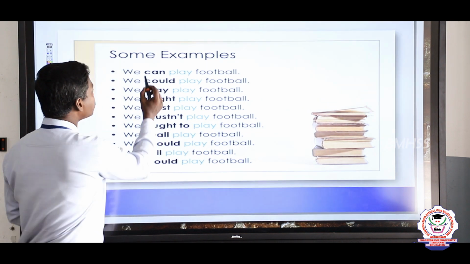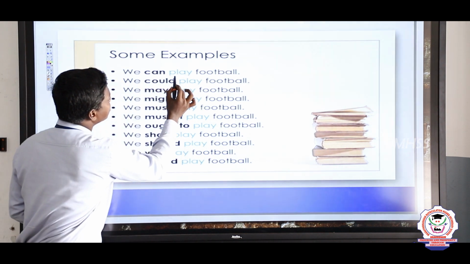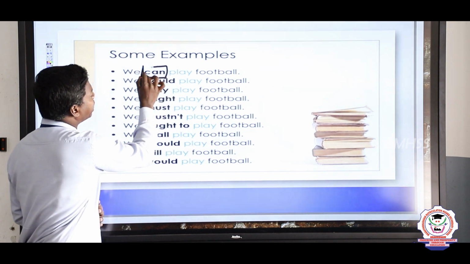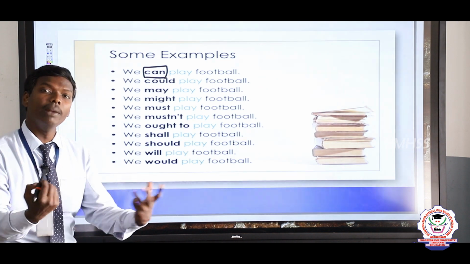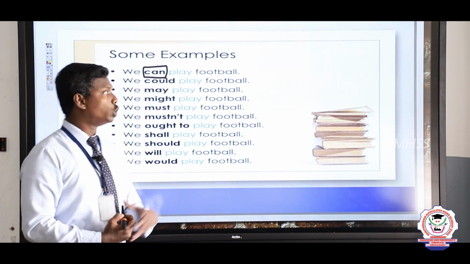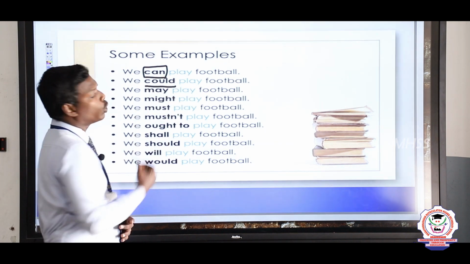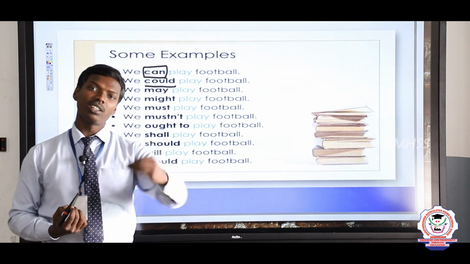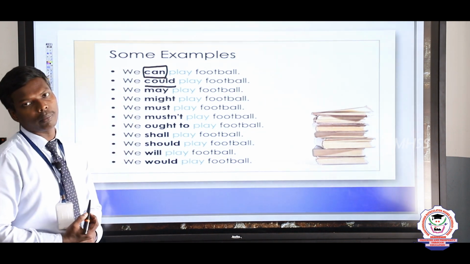So when you use the word can, you can easily say that it is ability. It expresses your ability. I have the ability, you have the ability, we have the ability or capacity or capability or potentiality to play football. We could play football. When you say that we could play football, you have the ability, but it was in the past. So past ability. For that we use could play football.